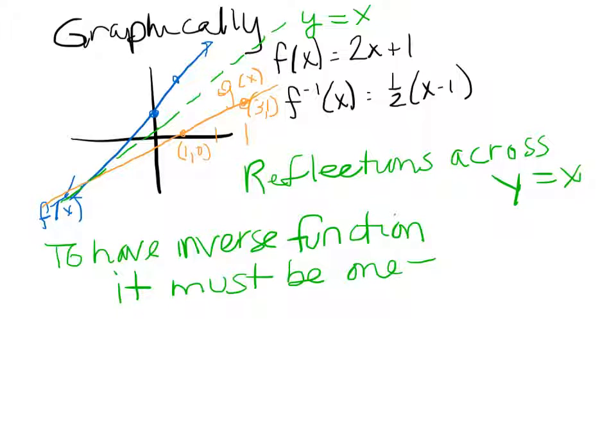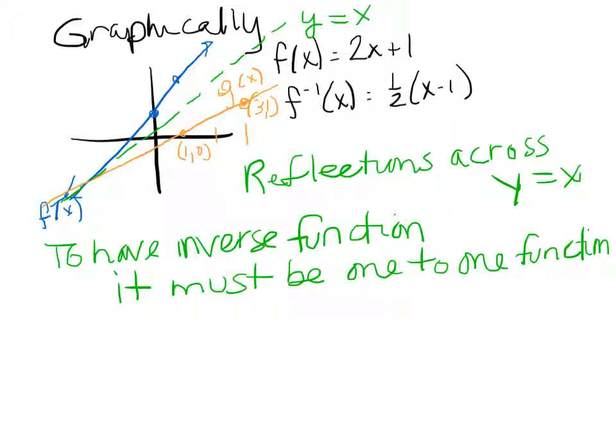What do I mean by that? Well, you remember the rule to be a function was for every x there was only one y, okay? So if I put an x into the f of x, I will get a certain one value out. I know which value that will be.